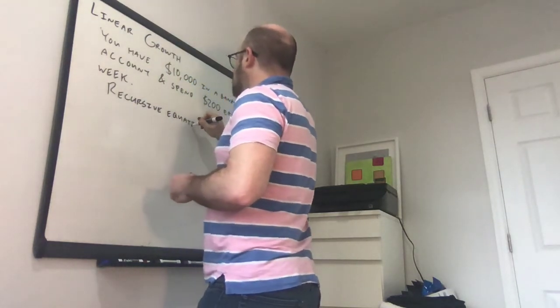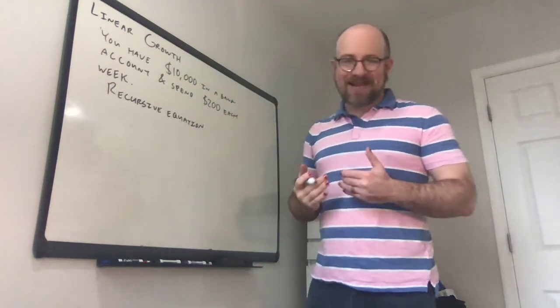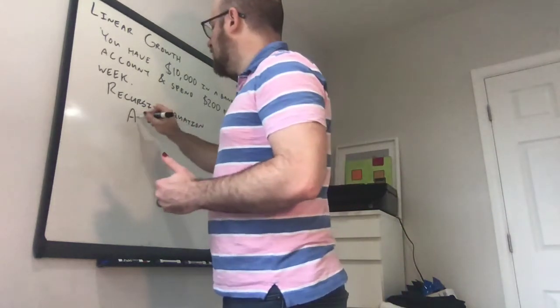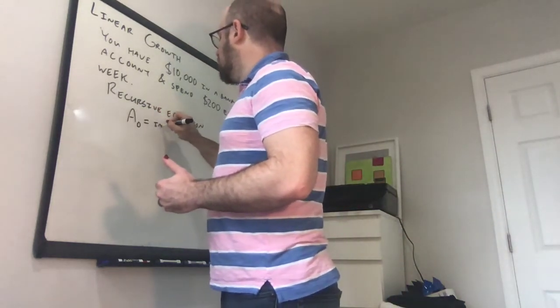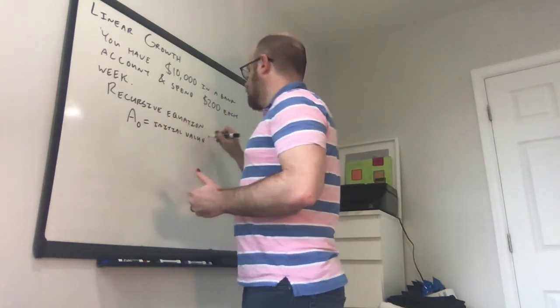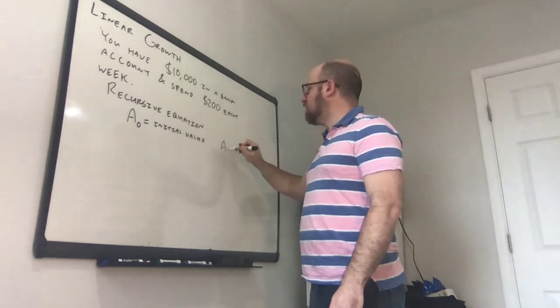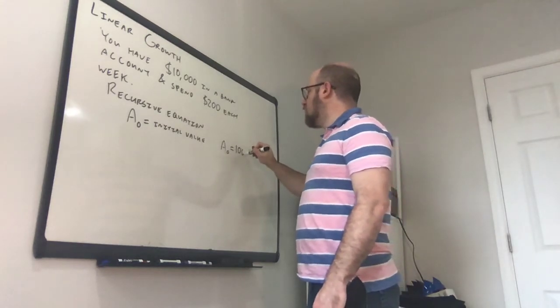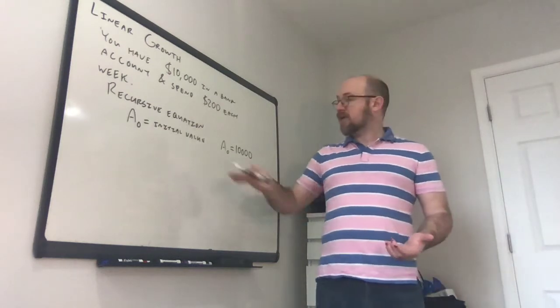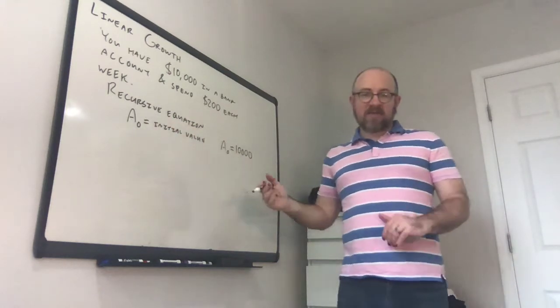What the recursive equation says is, we know where we're starting. So we're going to have a sub 0 is equal to our initial value. Okay? So we would write down in this case, a sub 0 equals 10,000. That's our initial value. All we're doing is writing that down.